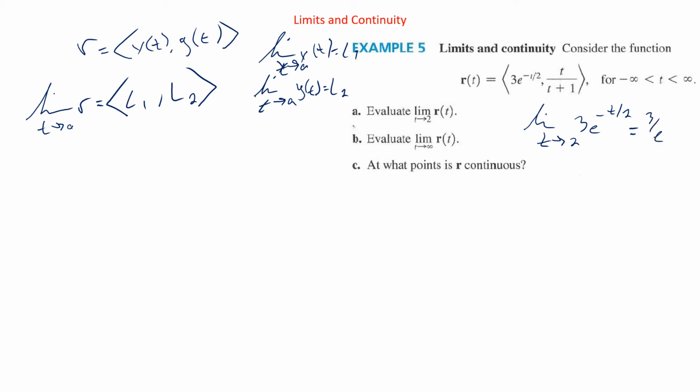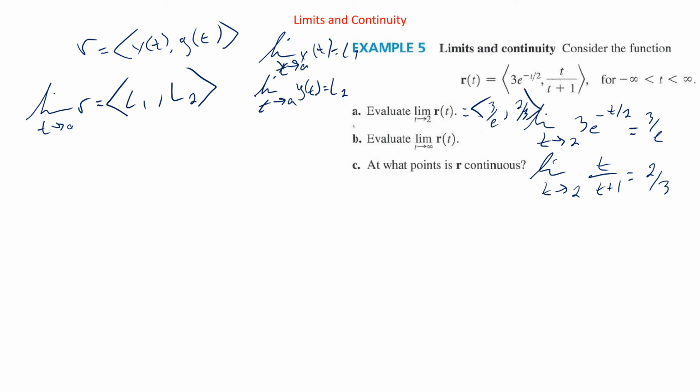And e is just a number, so it's like 3 divided by 2.7, so this is going to be 1 point something. And then the limit as t goes to 2 of t over t plus 1, that's going to be 2 over 2 plus 1, which will be 2/3. And so the limit of r as t goes to 2 is going to equal the vector 3 over e comma 2/3.